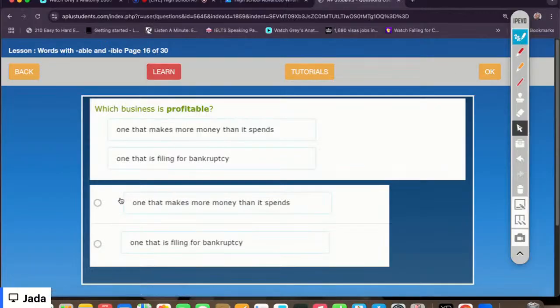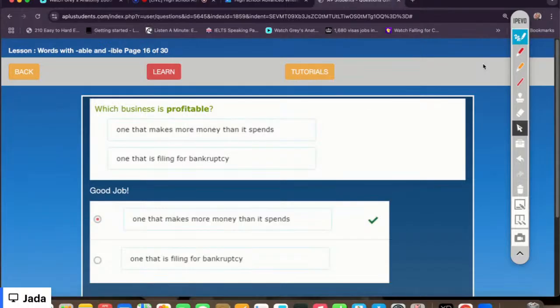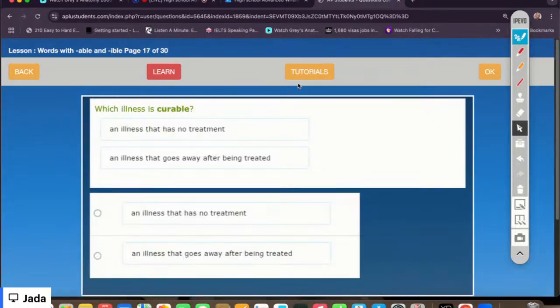All right, so we have one that makes more money than it spends. So, which illness is curable?